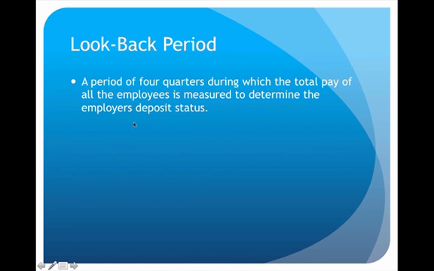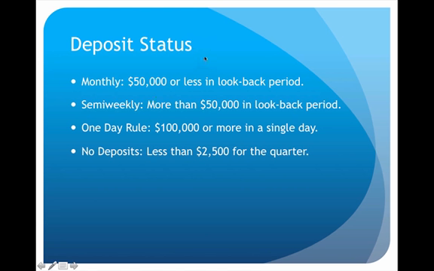And during that 4-quarter period, they're going to look at the total pay that we paid out to all employees. And based on how high that number is, that will determine our status. And that will determine how often we are required to send these FICA taxes to the Social Security Administration. So here are the options.